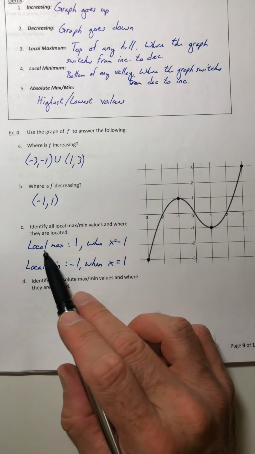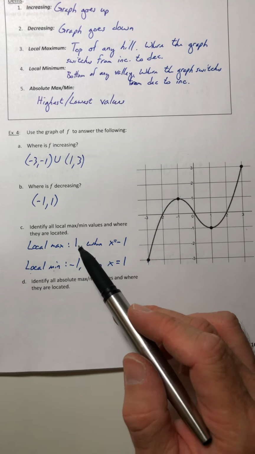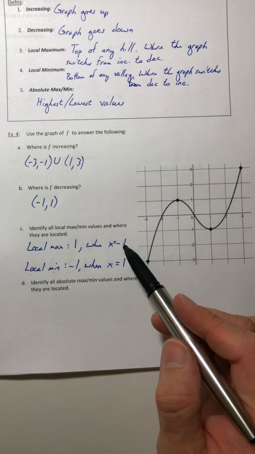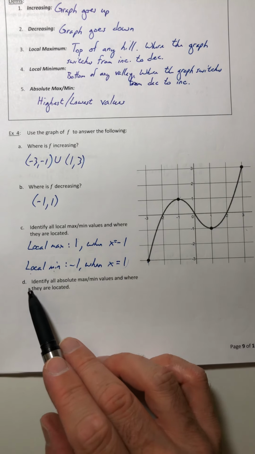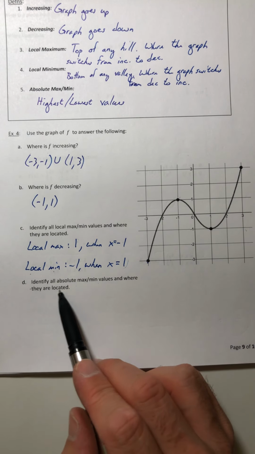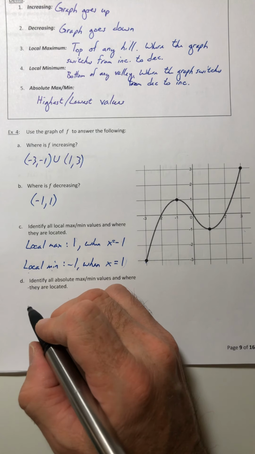Okay, so again, for the local max and local min, the actual values themselves are the y values, the locations are the x values. And the same would be true for the absolute max and min. The actual values are the y's, the locations are the x's.